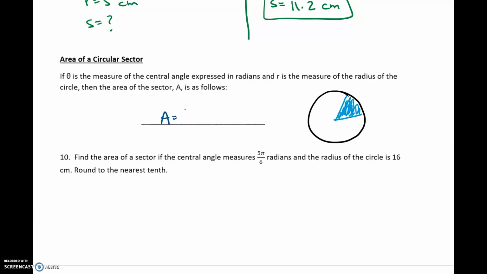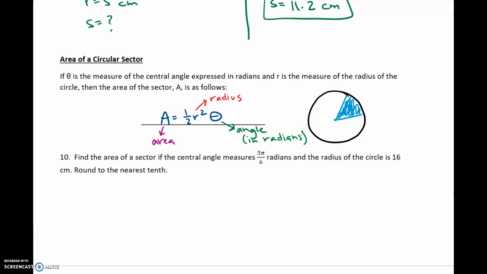It's going to be A equals 1/2 R squared theta, where A is representing my area, R is going to be representing my radius, and theta is still going to be my angle. And just like the arc length formula, your angle needs to be in radians.